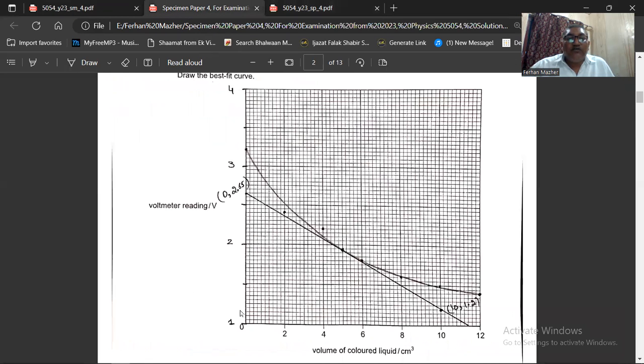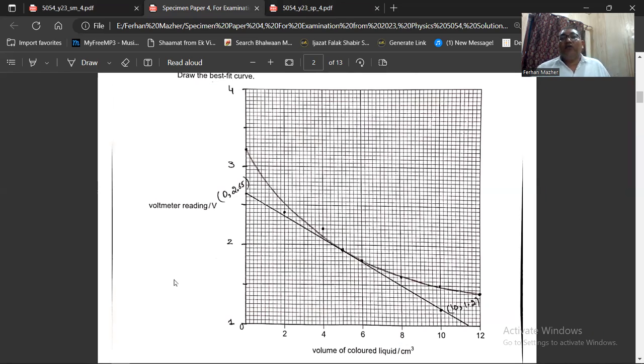I will take 2 points on that tangent line. I'm going to use this point whose coordinates are 0, 2.65, and this point whose coordinates are 10, 1.2. By using them, I will find the gradient of this straight line, which is tangent to the curve at x equals 5.